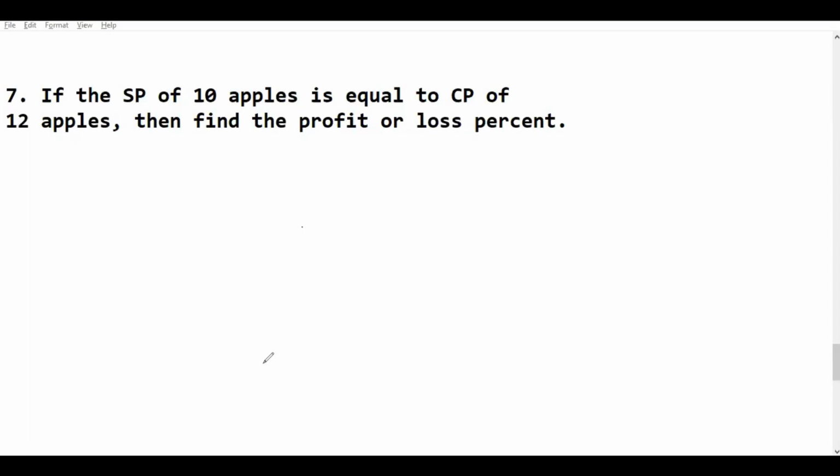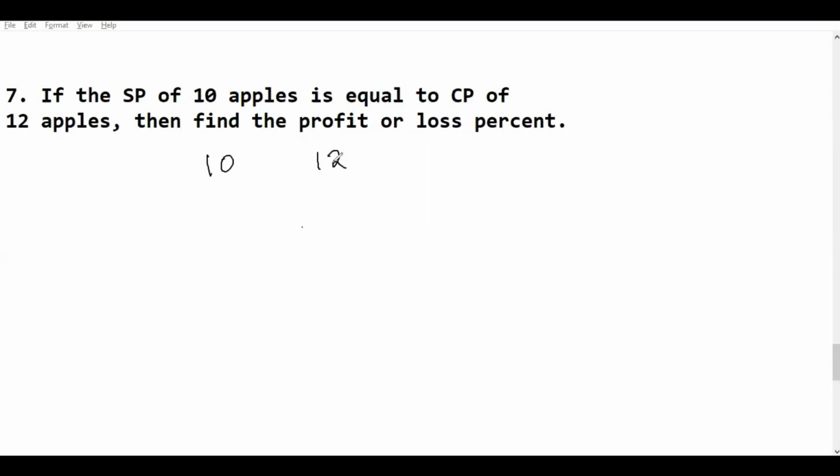And don't think that the selling price is 10 rupees and cost price is 12 rupees. No. After reading this question, you have decided that you are in profit. When you are in profit, your selling price is more than your cost price. There are two values in the question.